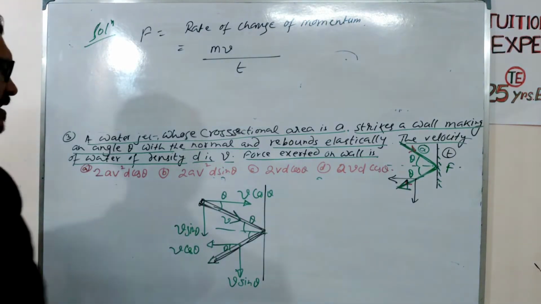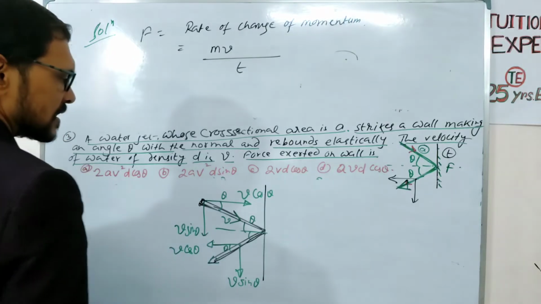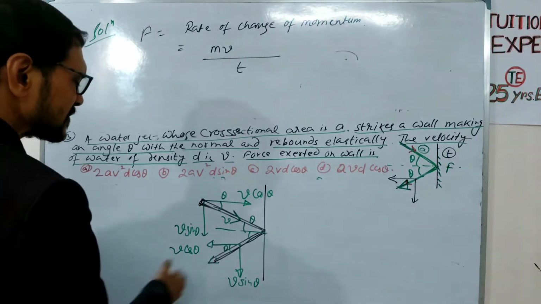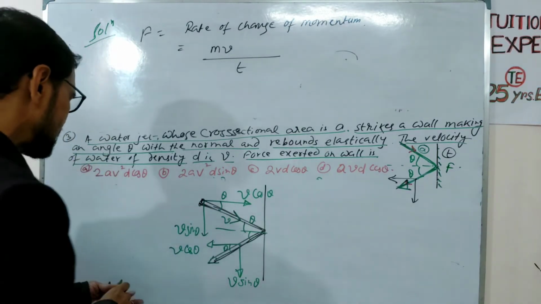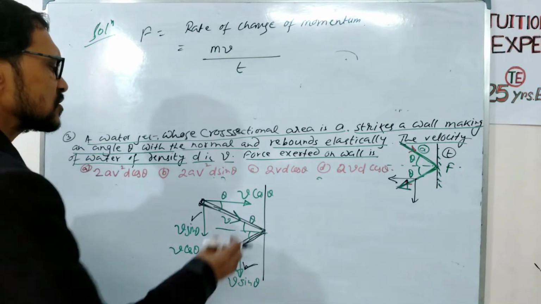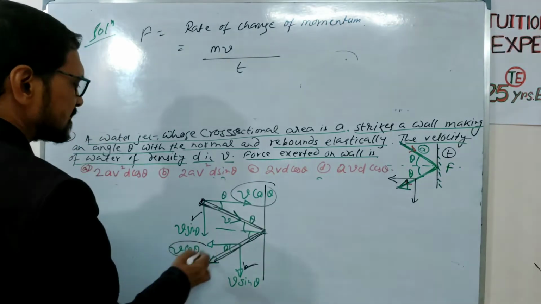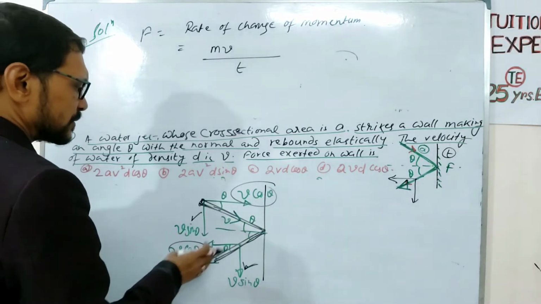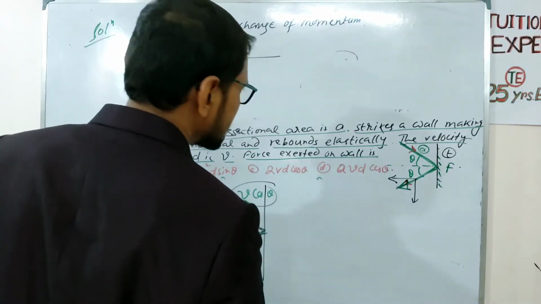Then we can see that v sin theta acts along the same direction, before and after. The v cos theta has the same magnitude but reverses its direction.